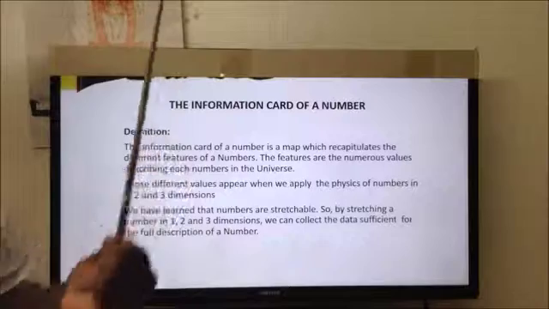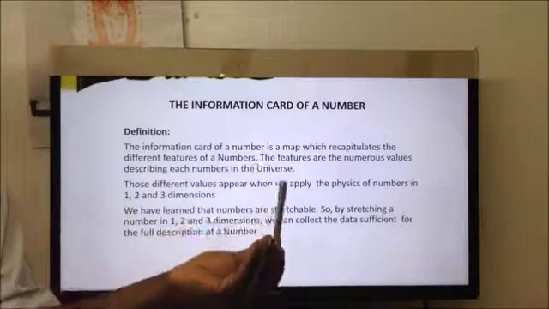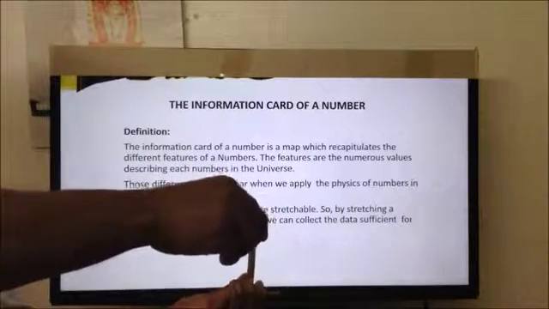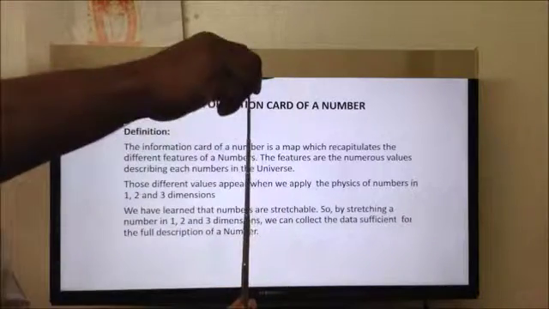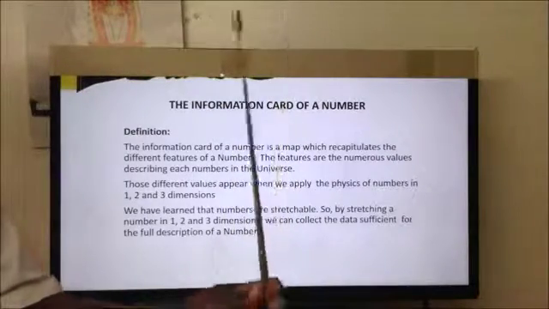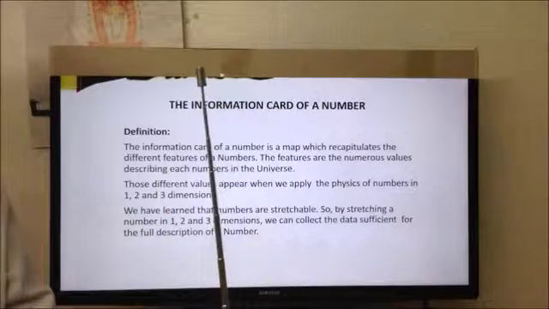So when we say 7, that 7 may look like this, very short. But when you open it, all the 1, 2, 3, 4, 5, 6, and 7 will come out.